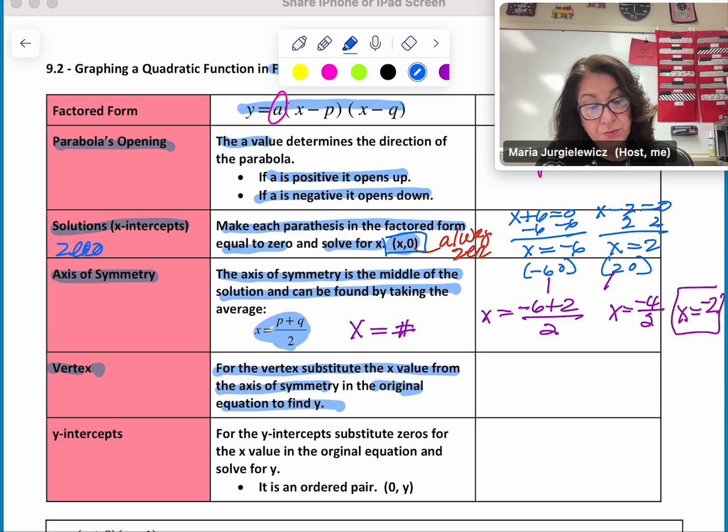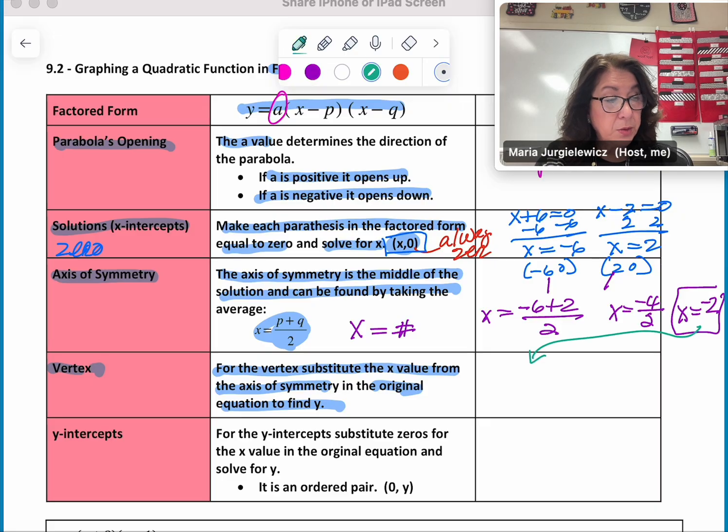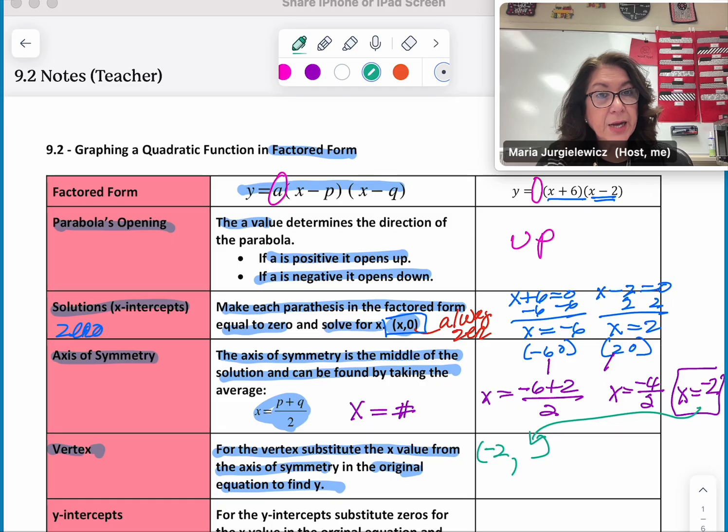If my axis of symmetry is x equals negative 2, then we already know it's going to be negative 2, something. I have to figure out that y value. So you go back to your equation, y equals (x plus 6)(x minus 2), and every time you see an x, you put in that negative 2.